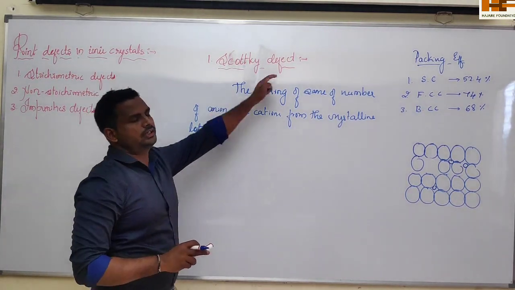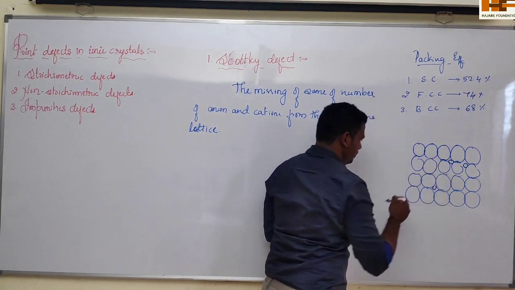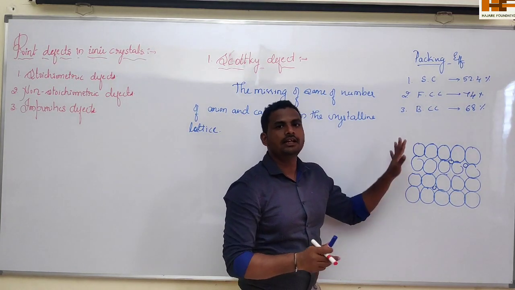Is called Schottky defect. So what does it mean? Consider this as a crystal. Here negatively and positively charged ions are present in a regular pattern.